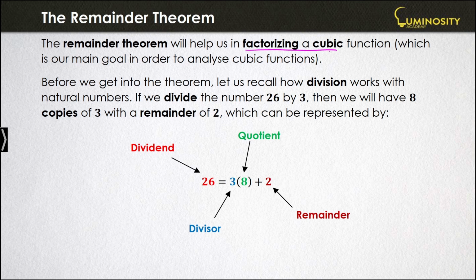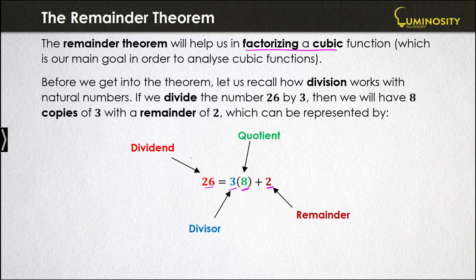Let's say, for example, we divide the number 26 by 3. Then we will have 8 copies of 3 with a remainder of 2. This is represented as 26 is equal to 3 times 8 plus 2. So 26 is the dividend, 3 is the divisor, 8 is the quotient, and 2 is the remainder.